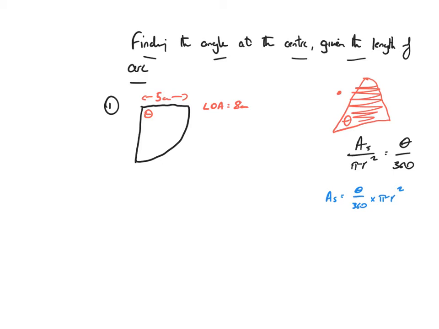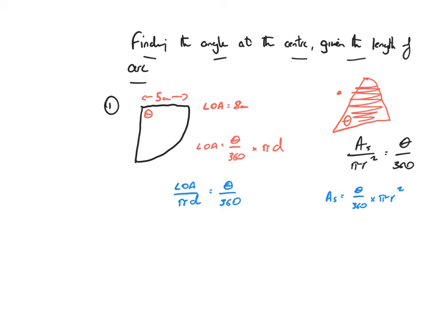We'll remember that for length of an arc, it is equal to a bit of the circle times the circumference of the circle, which is pi d. Now, similar to last time, I can bring that pi d down and divide, and that will give me a ratio this time, which would be length of arc over pi d is equal to theta over 360.